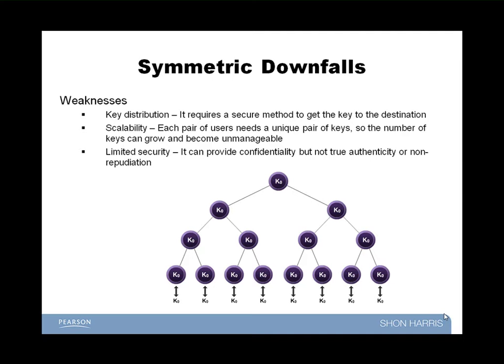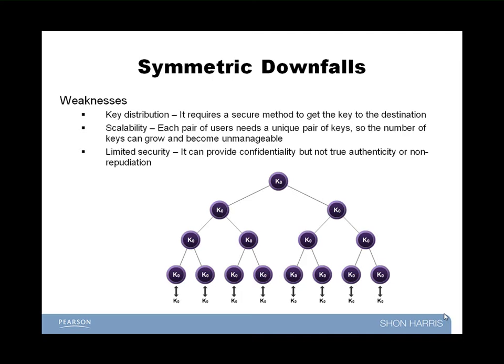Let's say I did encrypt a message and send it over to you, and you could decrypt it. Now, if somebody comes to me and says, Sean, why did you encrypt and send that message? I could say, well, you can't prove that it was me. There could be two people because two people have an instance of the same key. So through symmetric algorithms and keys, we cannot provide true authentication.